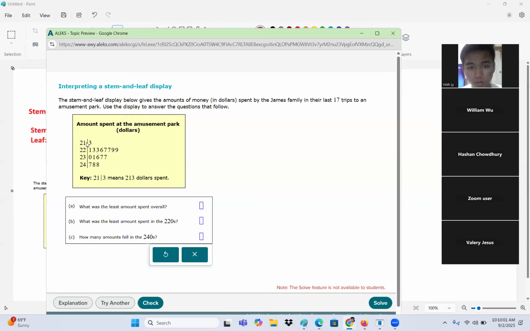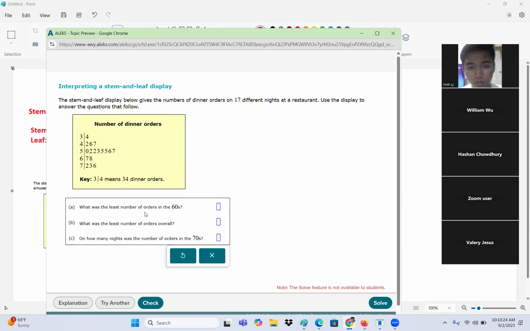Right here. So $213. So that's the least amount of money. Okay. The first one always is the smallest amount of money.